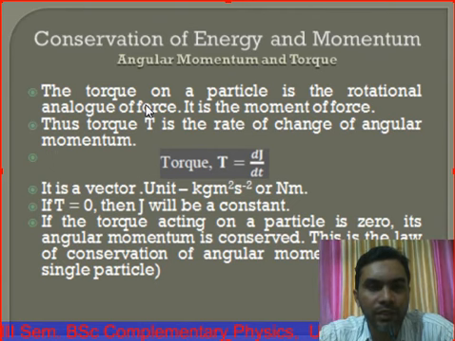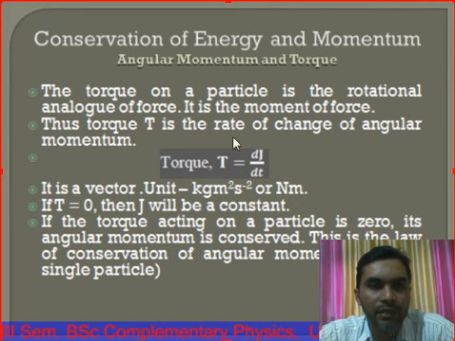Here in angular motion, the angular force, called torque, is equal to the rate of change of angular momentum. So actually this equation tau is equal to dJ by dt is Newton's second law of motion in the case of rotational motion.